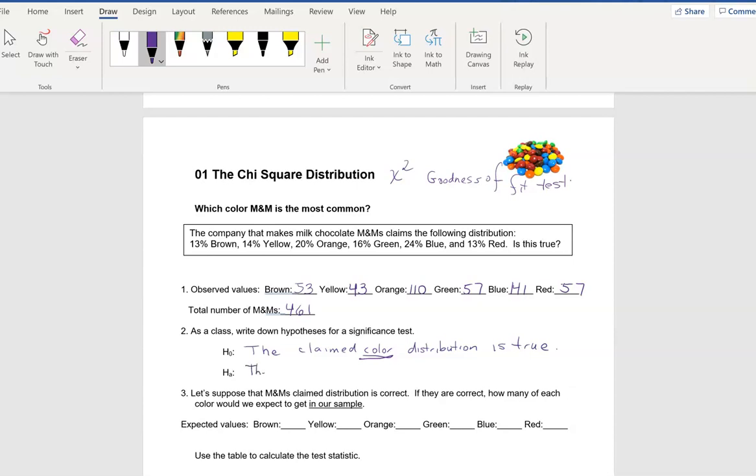The alternative is that the claimed color distribution is not true. So we want to see if the observed M&Ms are around this type of percentage for each color category. Again, color is categorical data, and when you're dealing with a chi-square distribution, you're specifically dealing with categorical data.